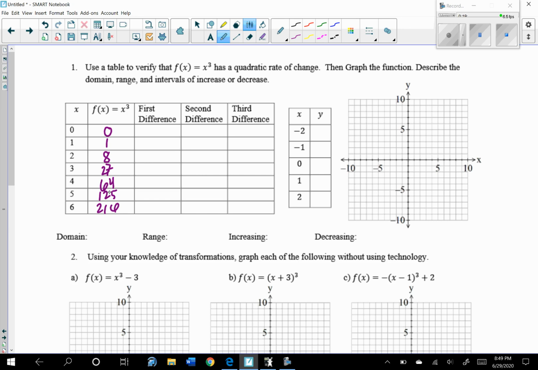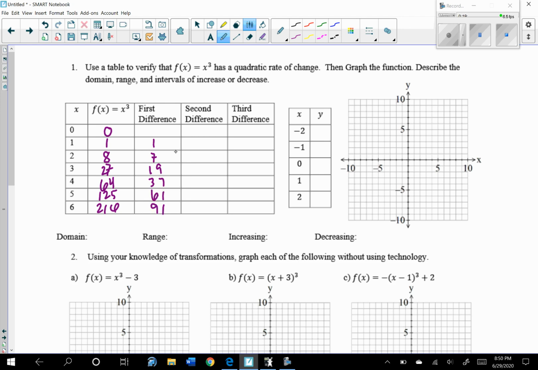Hopefully you know those. So the first difference, 1 minus 0, I should say first, is 1. 8 minus 1 is 7. 27 minus 8 is 19. 64 minus 27 gives us 37. 61 and 91.